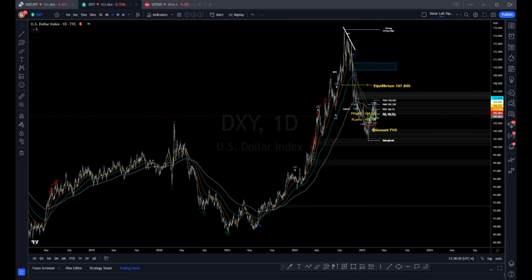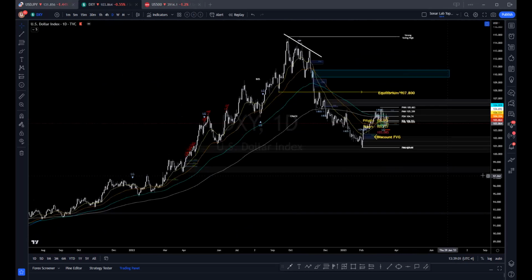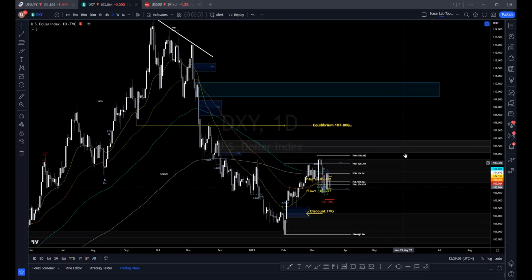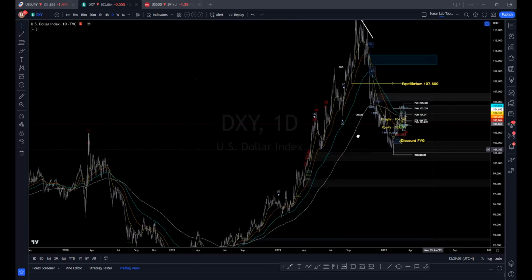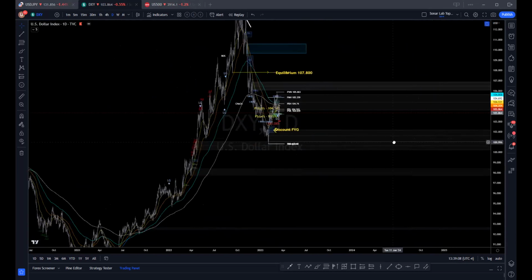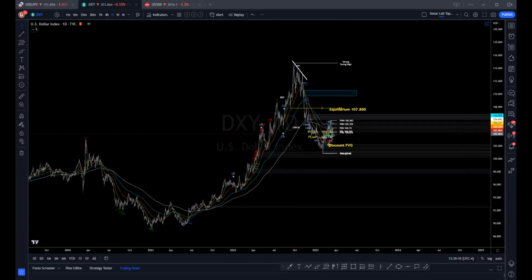Okay. The US dollar is at 50% of its equilibrium from an overall higher time frame, weekly and monthly view. And we're getting into a really serious situation with the dollar in terms of the course of action. What I'm looking at from a higher time frame perspective is simply this.